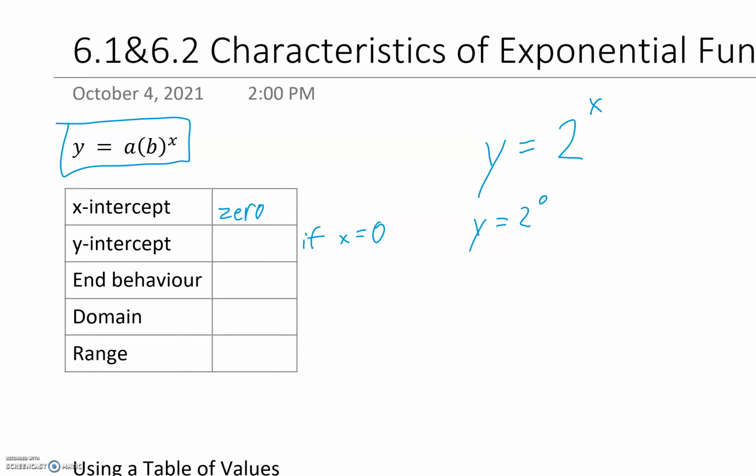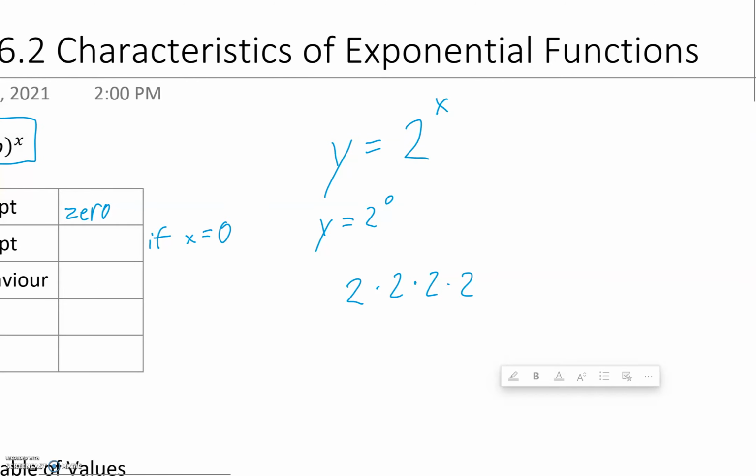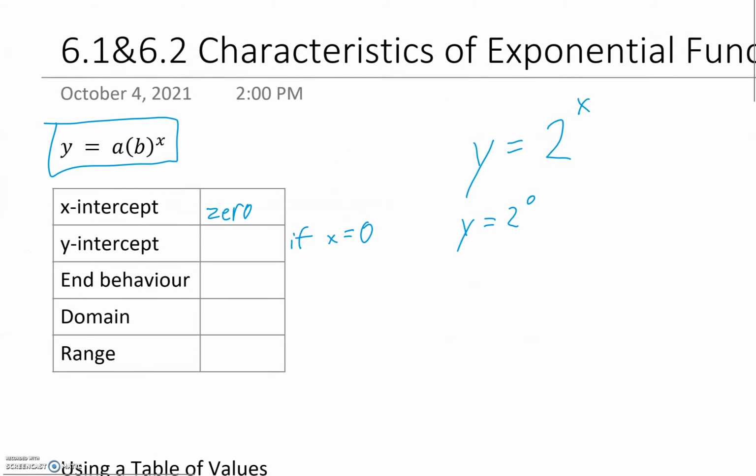So if you remember what any exponent means, it means 2 times 2 times 2, however many times the exponent tells you. Now it says times it 0 times. So what does that actually end up meaning? Well, that means this is 1. So if the exponent is 0, that part of our equation is going to be 1.